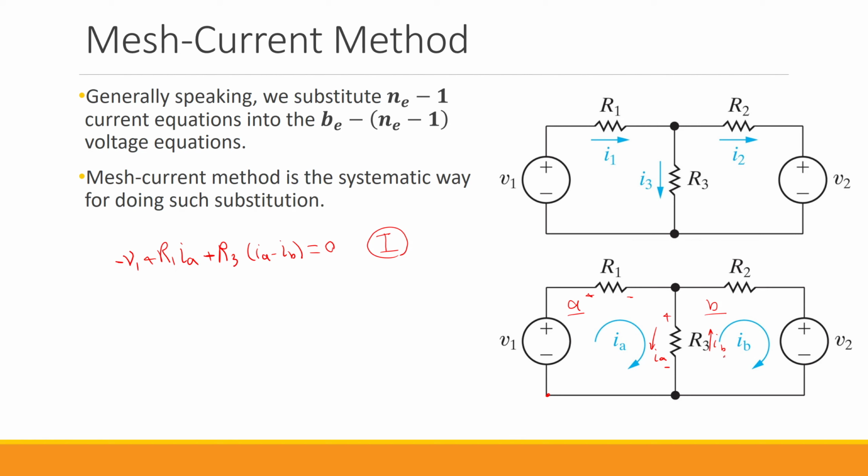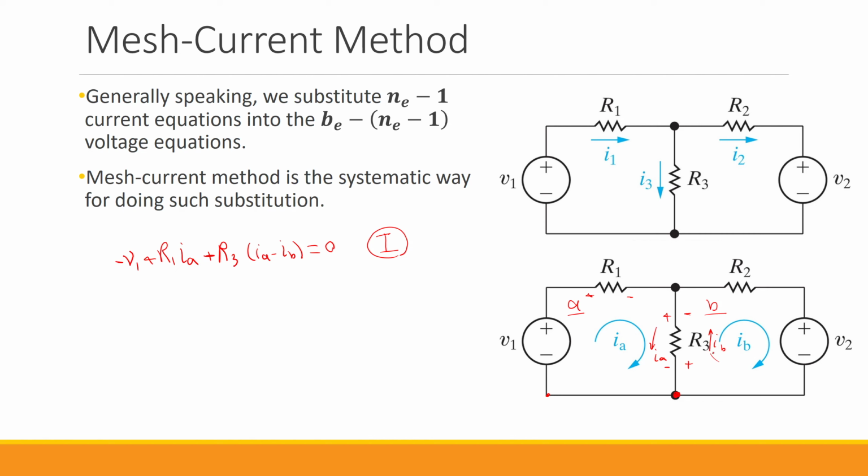So let's just do the same now for the second mesh, mesh B. I start from this point. Since we are going in the direction of IB, following the passive sign convention, we just consider this to be positive, this one to be negative. So we have IB going from bottom to top, and we have IA going from top to bottom.